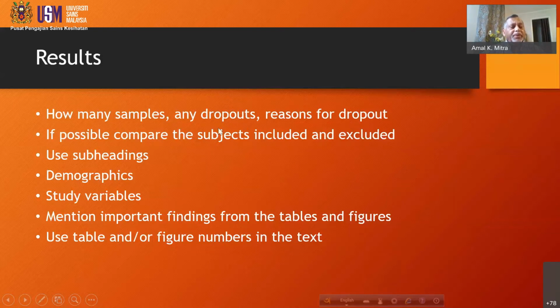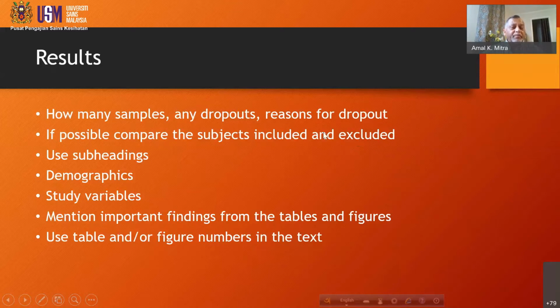So if there are dropouts, if possible, compare the subjects that you have included and you have excluded. Generally, we do not publish a separate table like this, but if you are doing a thesis, this is definitely a good thing to do.